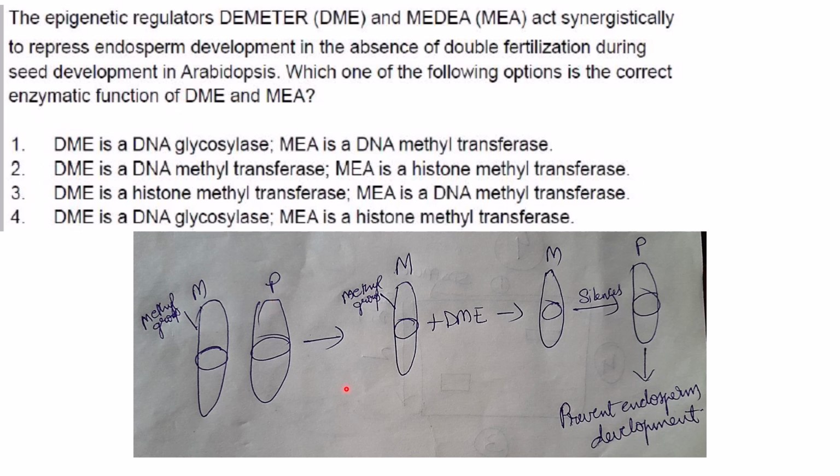Okay, this is what is happening. So your question was not the mechanism, it was just that DME is a DNA glycosylase and MEA is a histone methyl transferase. So the answer is 4.